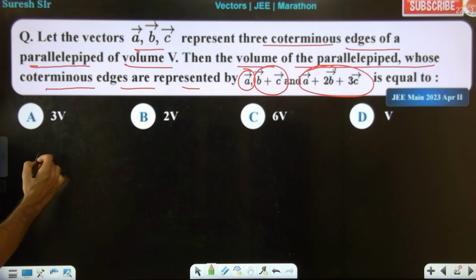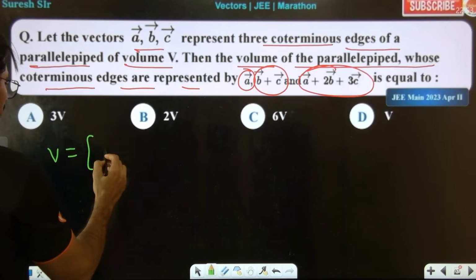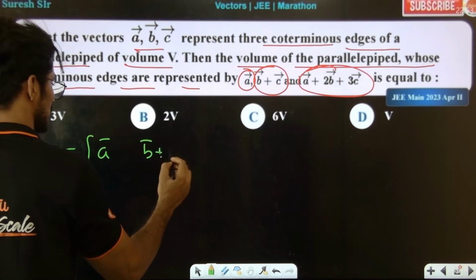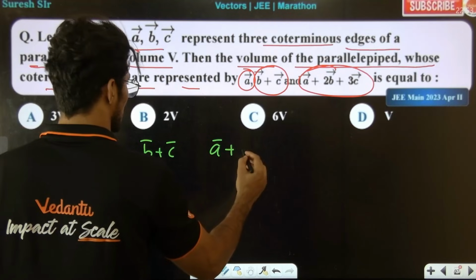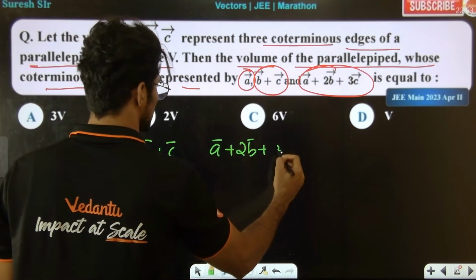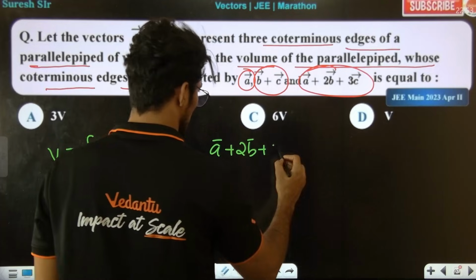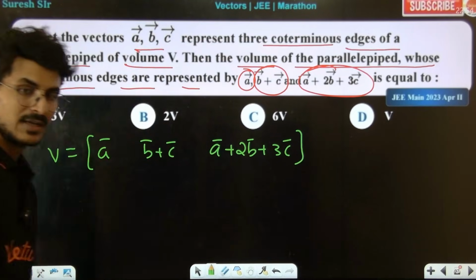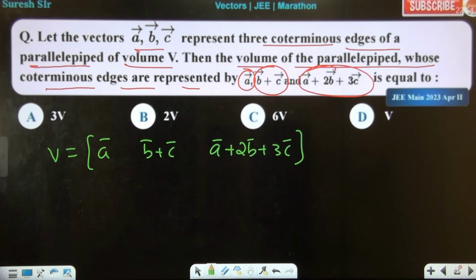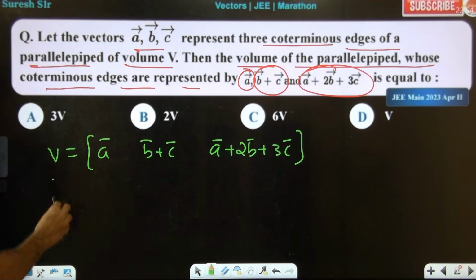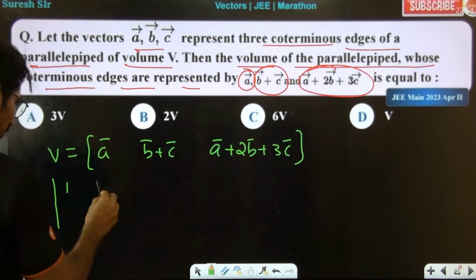Simple. The volume is box of A vector, comma, B plus C vector, comma, A vector plus 2B vector plus 3C vector. You agree? So what is this? A vector is 1, 0, 0.